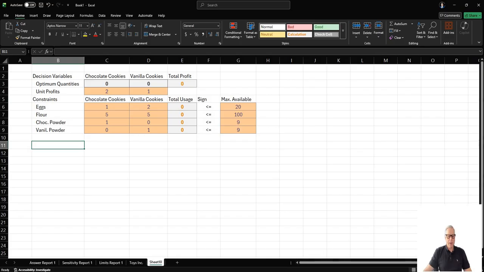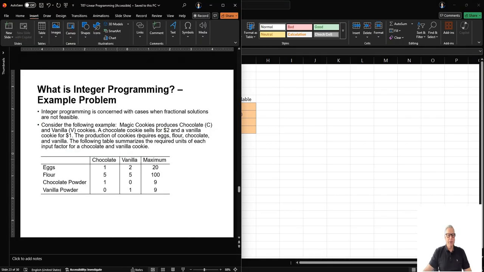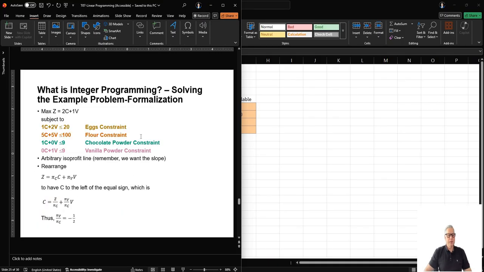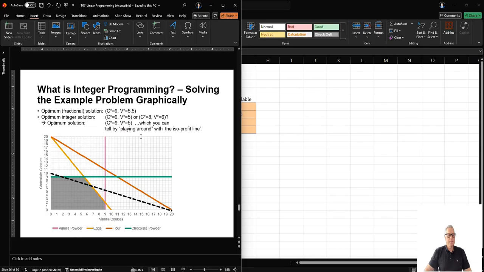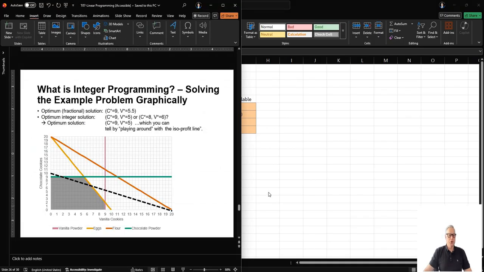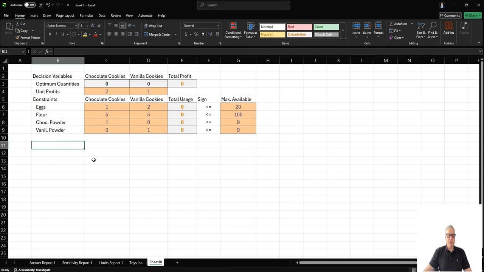And let's see how we did it in the lecture slides. So, okay. So when we draw it, we have the vanilla cookies on the x-axis, okay? And in the slides, we go till 20. Okay, so let's go till 20. Let's replicate what we have in the slides.